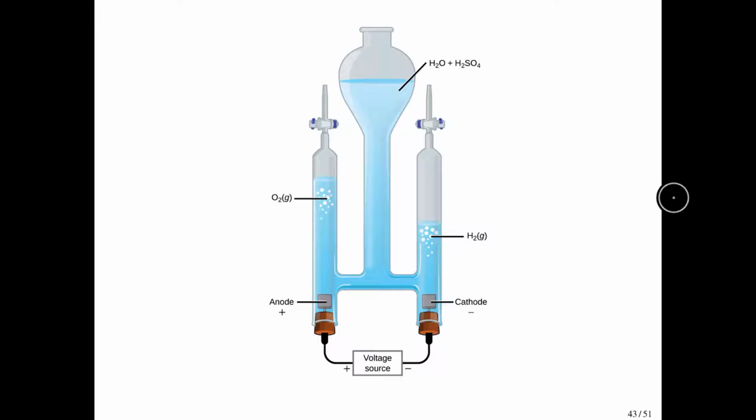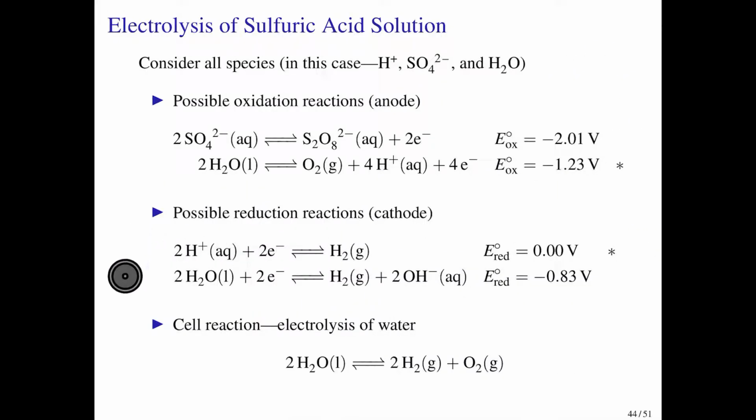So in the case of the cathode here, the more positive electrode potential is where the reduction potential is 0 volts. That's why I put a star here. This is the preferred reaction at the cathode.